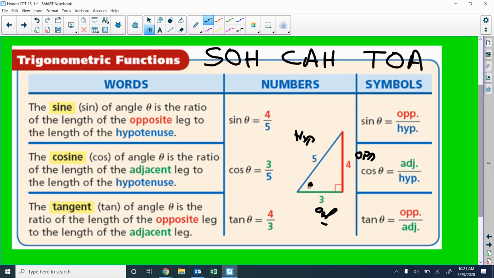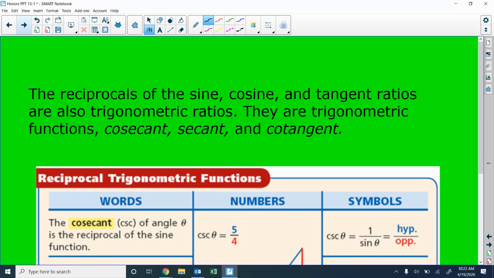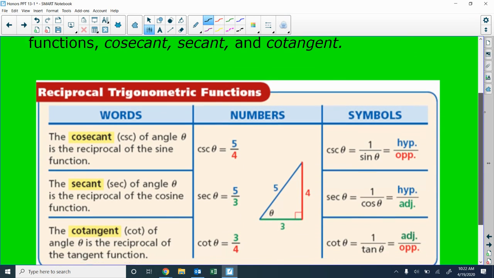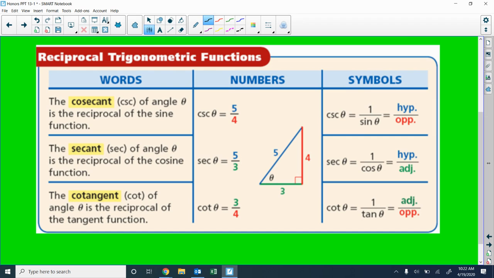Along with that are three other trig values. And they are the cosecant, secant, and cotangent. So notice that they are just the flip of sine, cosine, and tangent.